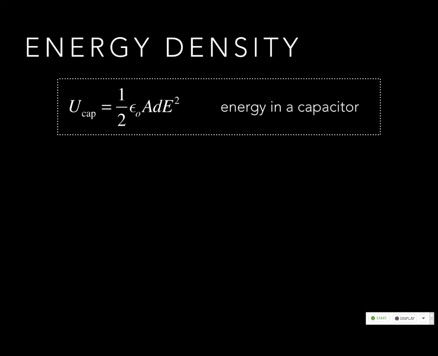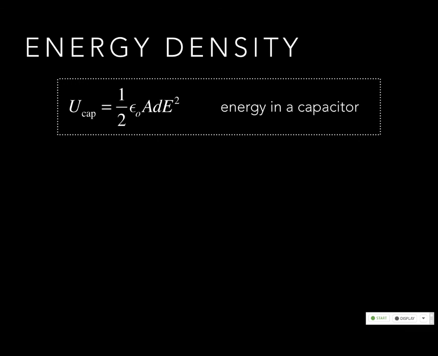A times D. So when we want to find the volume density of energy, okay, the volume density of energy is this lowercase u. I know you can't tell that's a lowercase u. That's going to be potential energy divided by volume. Does that make sense? This is volume density for energy, right? So charge density, charge divided by volume. Mass density, mass divided by volume. Energy density, energy divided by volume.